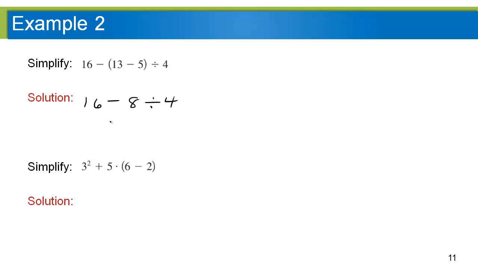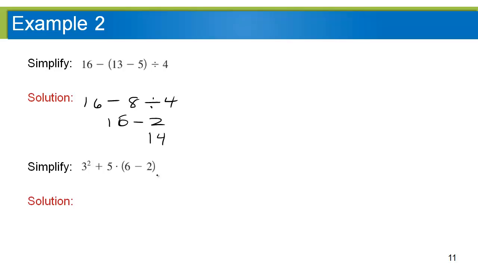Okay, now no more parentheses, we have no powers, right? So now we go to division and multiplication. The only one we have is this one. So that becomes 16 minus 2. Now the last thing is to do this actual work, and we just get an answer of 14.